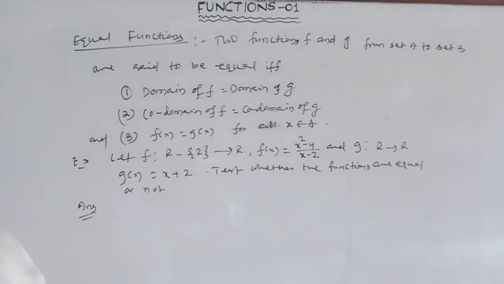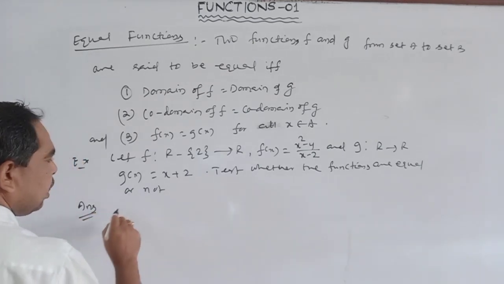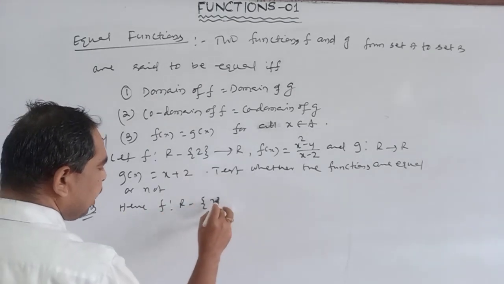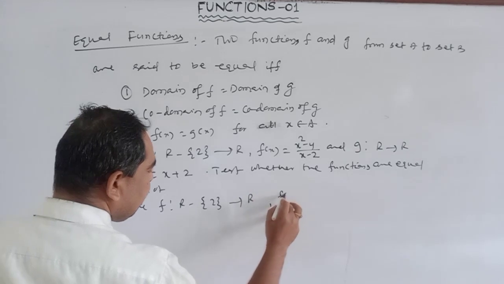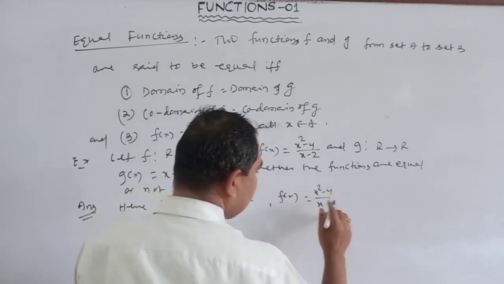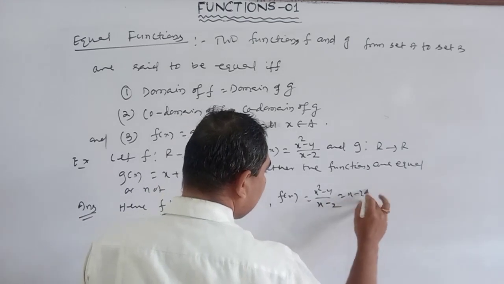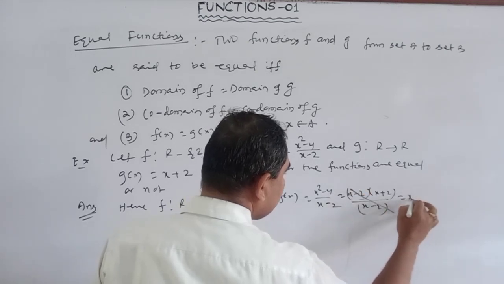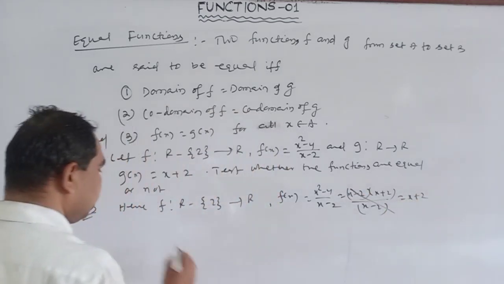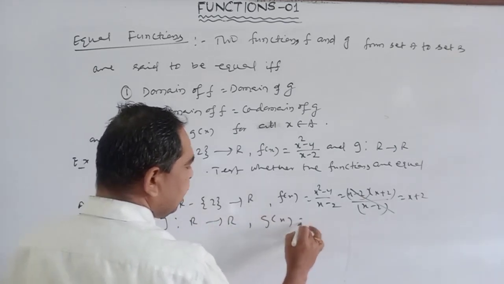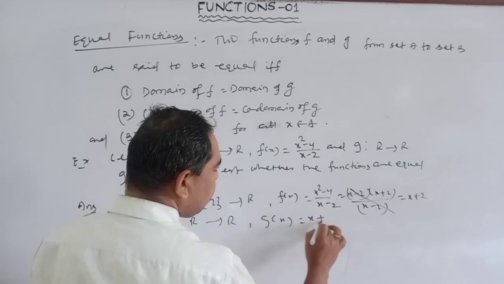Answer. Domain of f: here f is such that R minus {2} to R and defined by f of x is equal to x square minus 4 by x minus 2. So this is x minus 2 into x plus 2 divided by x minus 2, cancel, so this is x plus 2. g is such that R to R, g of x is equal to x plus 2.